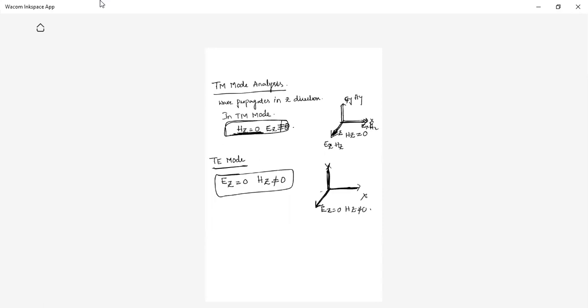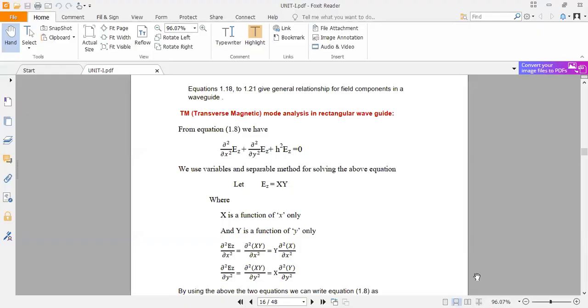Are you getting it? So let's go back and see what analysis we are doing. This is the analysis we are doing, transverse magnetic mode analysis. What is this expression? Just now we derived this expression from the Helmholtz equation: dou square by dou x square Ez plus dou square by dou y square Ez plus h square Ez is equal to 0.